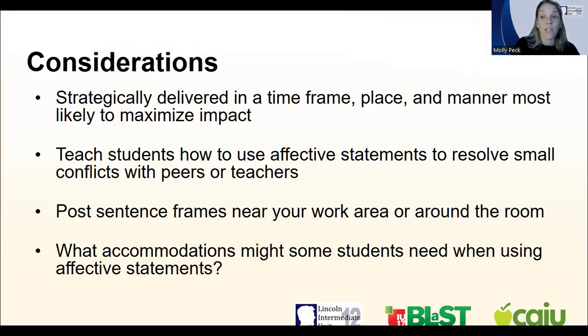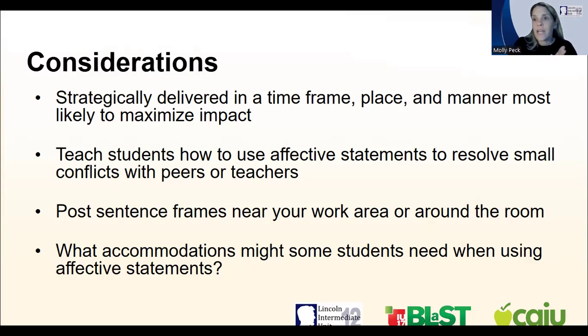As you heard me state earlier, this might be something that you want to teach your students how to use so that they can resolve small conflicts with peers or teachers. Quite frankly, these are conversational skills that we want all of our students to be able to use as they begin to move forward in life and eventually out on their own.